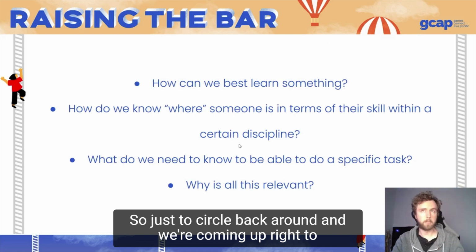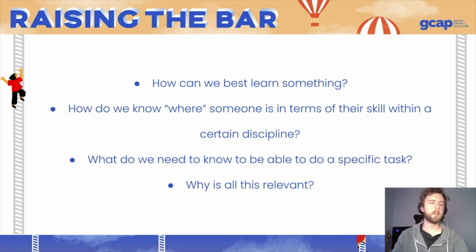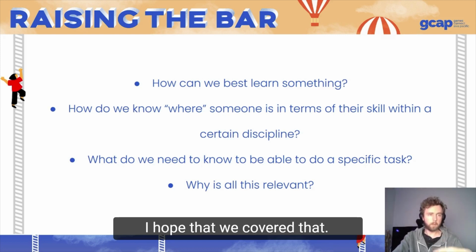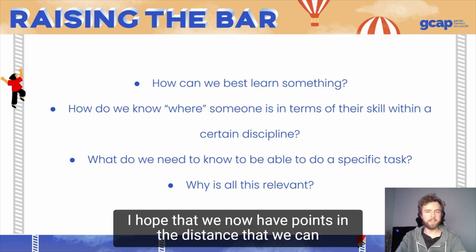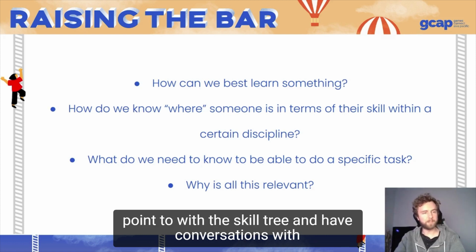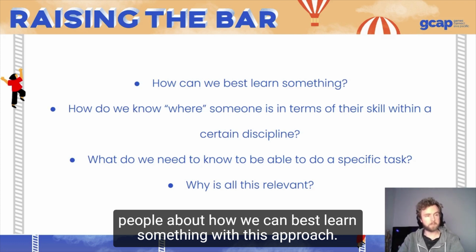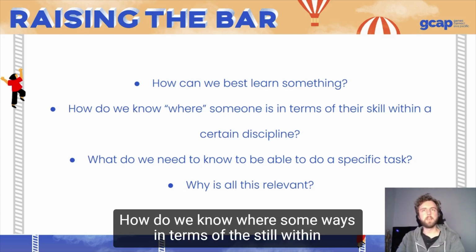So just to circle back around, we're coming up right to the end here, which is great. How best can we learn something? I hope we covered that. I hope we now have points in the distance that we can point to with the skill tree and have conversations with people about how we can best learn something with this approach. How do we know where someone is in terms of their skill within a certain discipline?